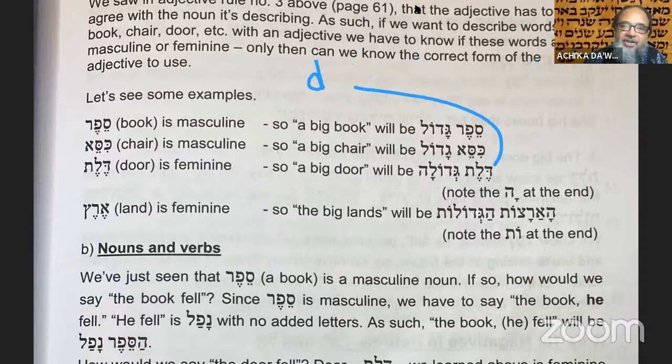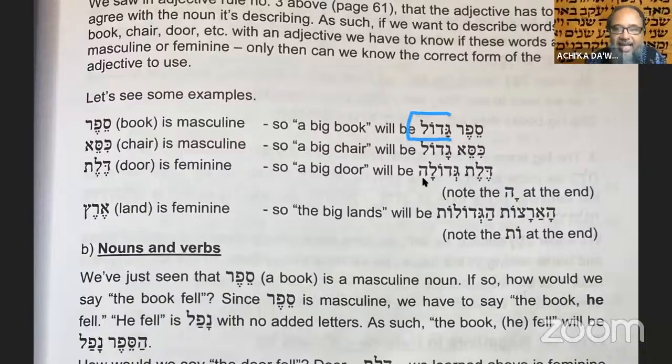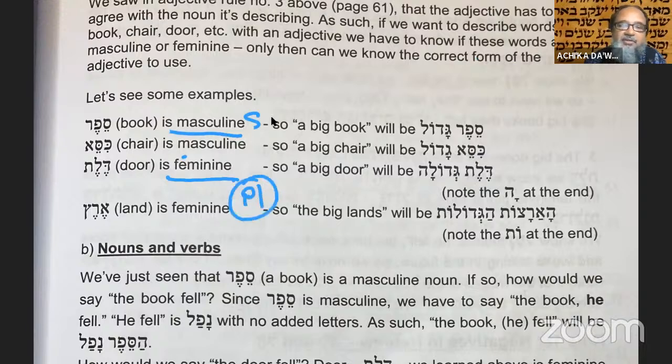So you have to show the proper description. If you're going to put an adjective on it, it has to match. If this is a feminine noun, then this has to be a feminine adjective. If it's plural, it's got to be plural. If it's singular, it has to be singular. It's always going to be, you guys, masculine or feminine. It's either going to be singular or plural. It's going to be one of those two. That's what makes it easier.